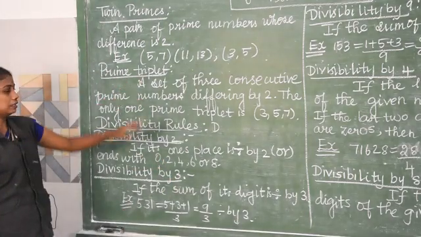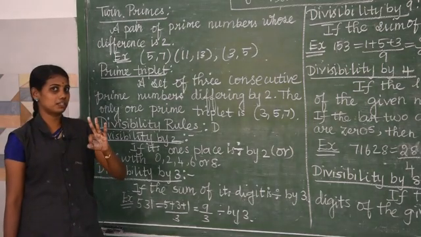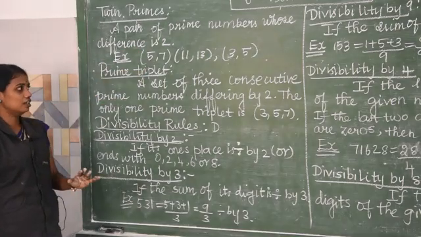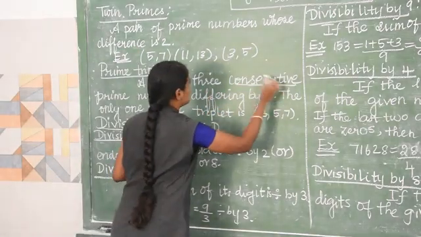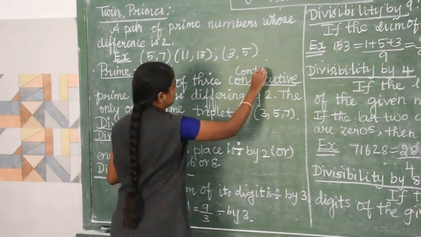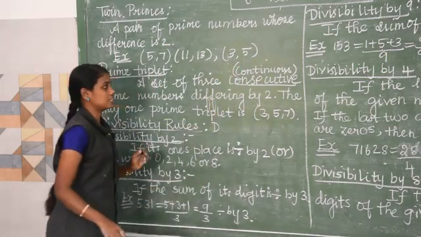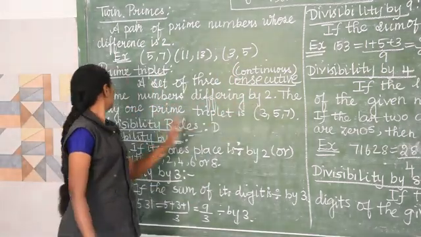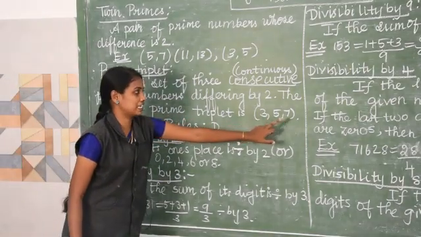Next, prime triplet. Triplet means 3 numbers, and the 3 numbers must be prime numbers. Same method only. A set of 3 consecutive, consecutive means continuous, prime numbers differing by 2. The only one prime triplet is 3, 5, 7.